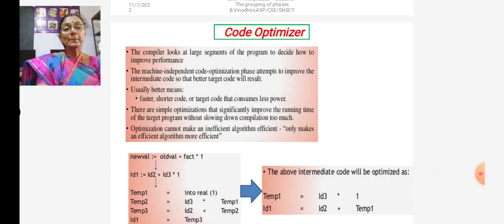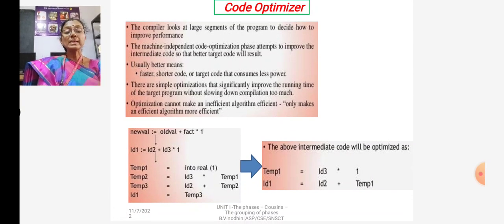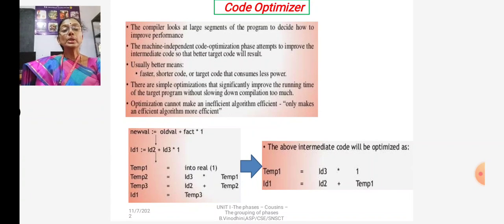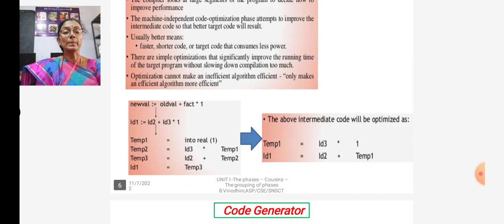The purpose of the code optimizer is to produce efficient code to improve performance. For example, if the previous 3 address code contains 4 statements, they could be reduced to 2. So the redundant computations are reduced in the code optimizer.